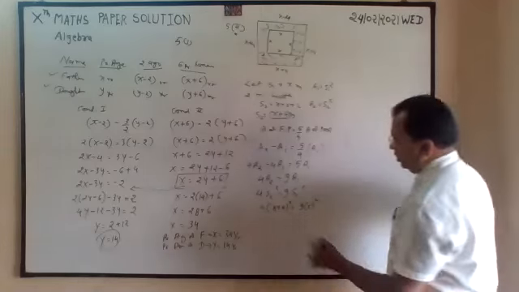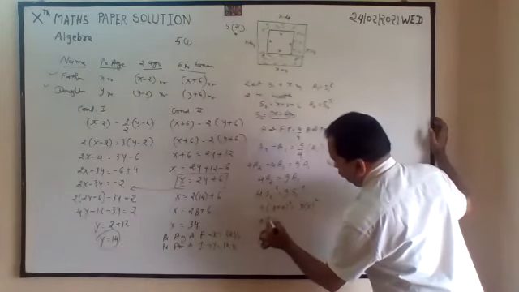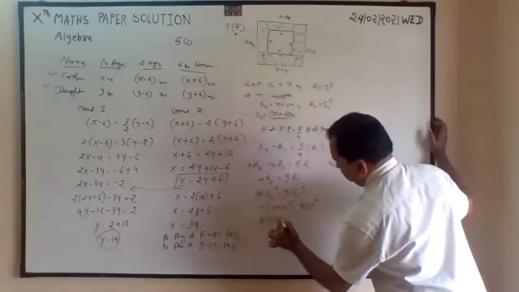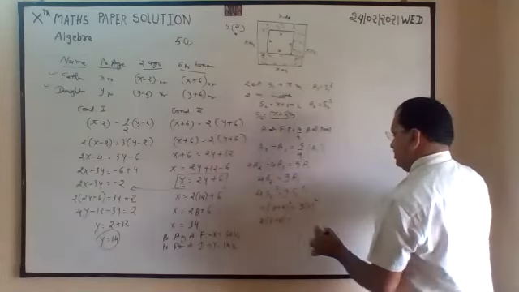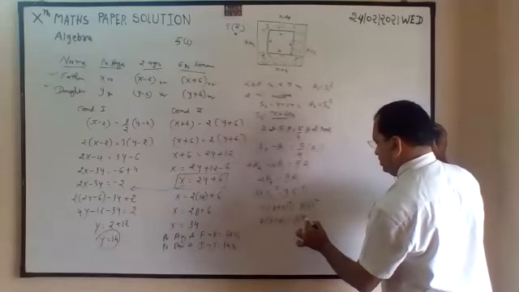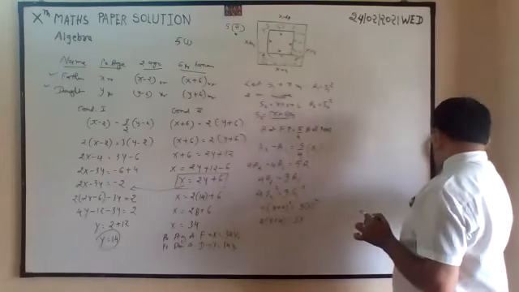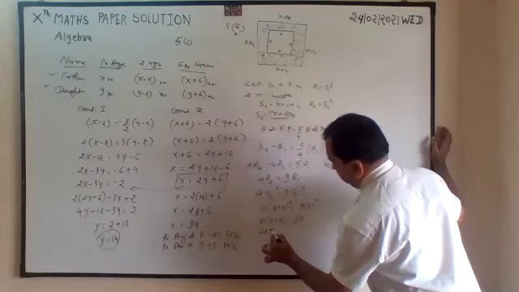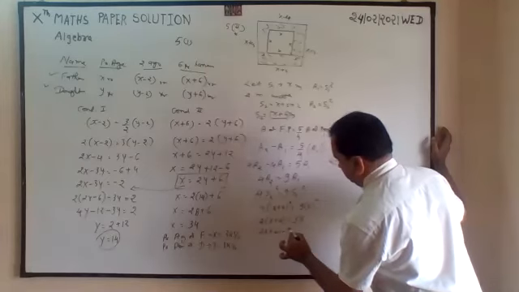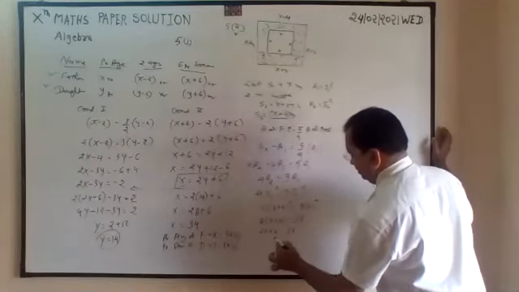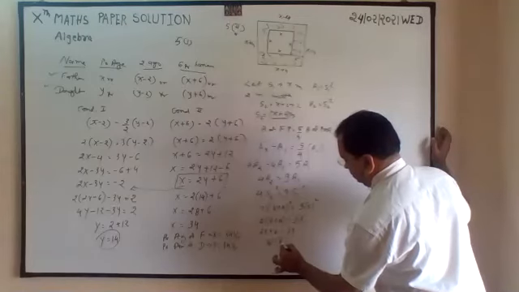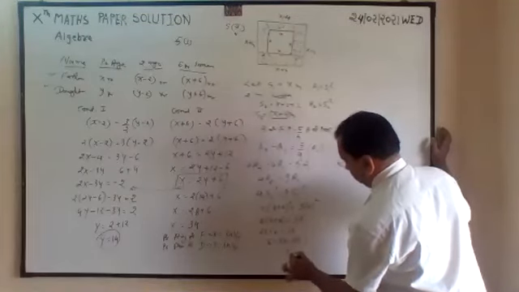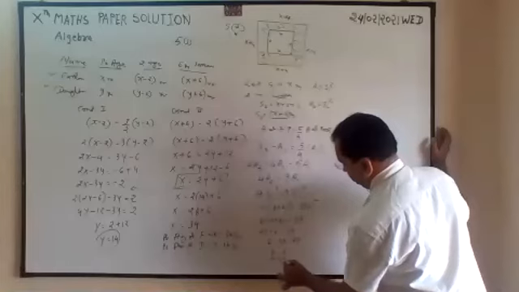So square root of all the things. So 2 times x plus 4 is equal to 3x. So 2x plus 8 is equal to 3x. This comes this side. So 8 is equal to 3x minus 2x. So x is equal to 8.